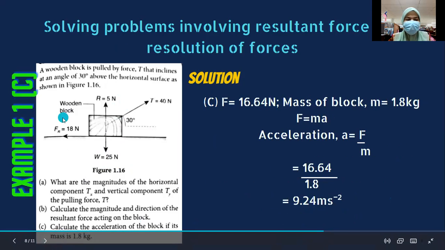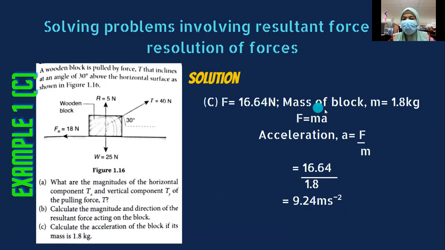Next, question C: calculate the acceleration of the block if its mass is 1.8 kilogram. F is equal to ma. We use the formula of Newton's second law of motion. Substitute, list down all the information in your question.